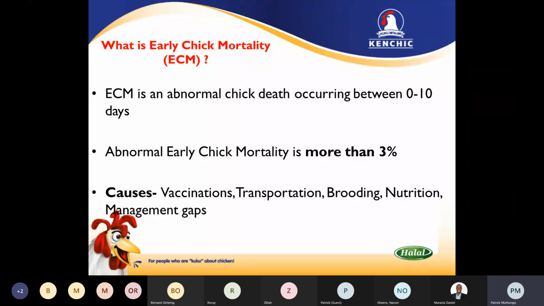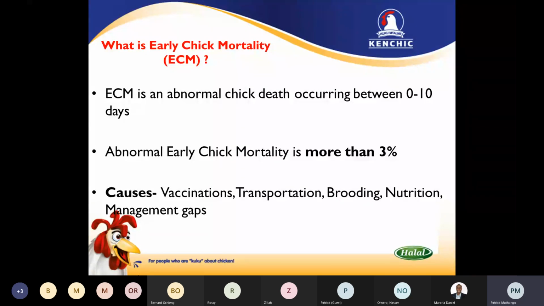Some of the causes of the ECM will be vaccinations, especially now that in recent times, most hatcheries, not only in Kenya, but worldwide, are adopting new technologies that conform to animal welfare and increase vaccination success, and these are the hatchery vaccinations. So probably wengine wanaweza jiuliza, how comes a vaccination would be a cause of chick mortality?